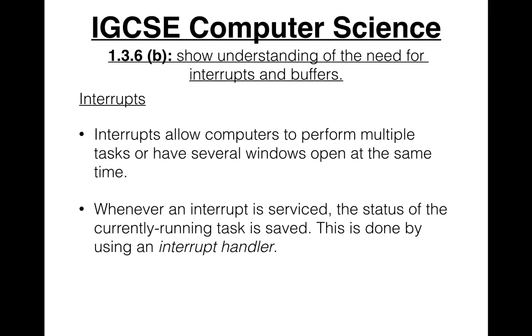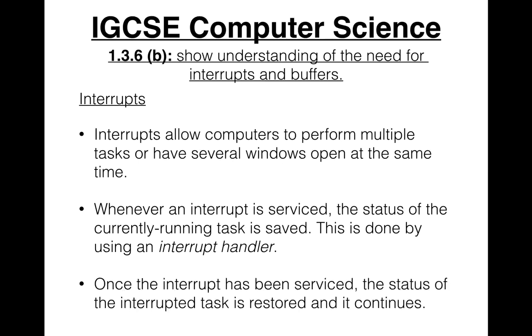Whenever an interrupt is serviced, the status of the currently running task is saved, and this is done using an interrupt handler. Once the interrupt has been serviced, the status of the interrupted task is restored, and the task continues.